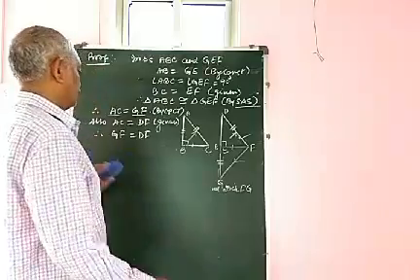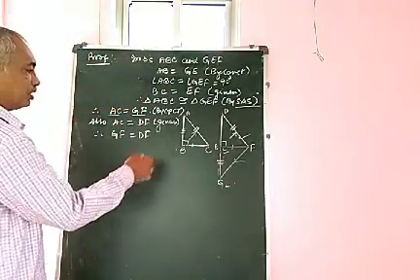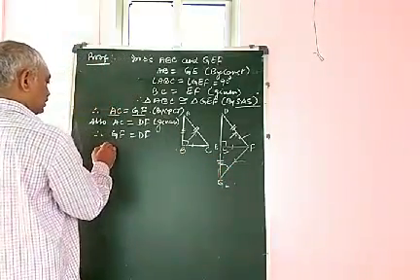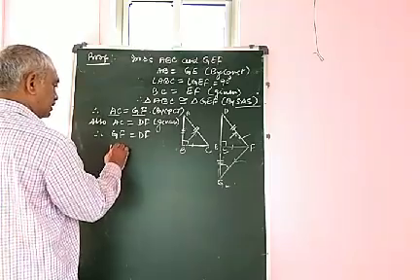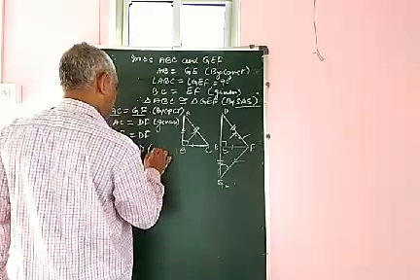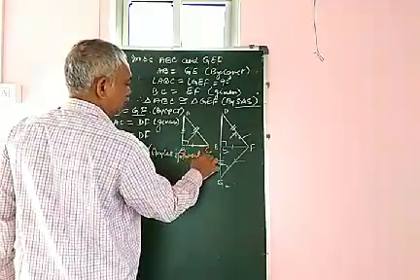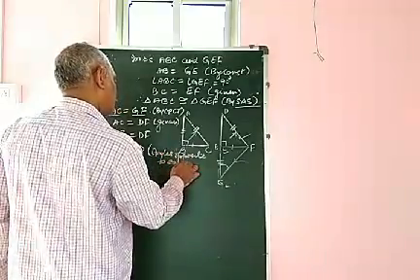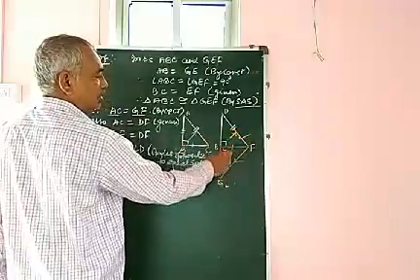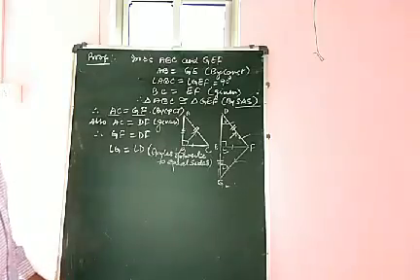Now in the triangle, angle G is equal to angle D, because angles opposite to equal sides are also equal. So angle G is equal to angle D.